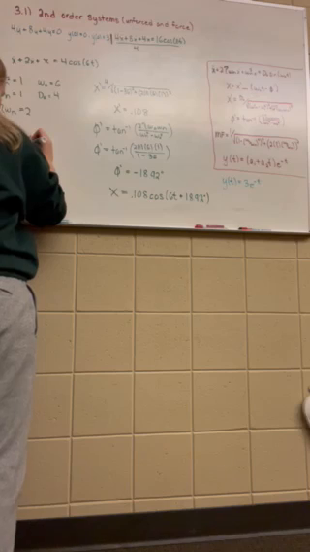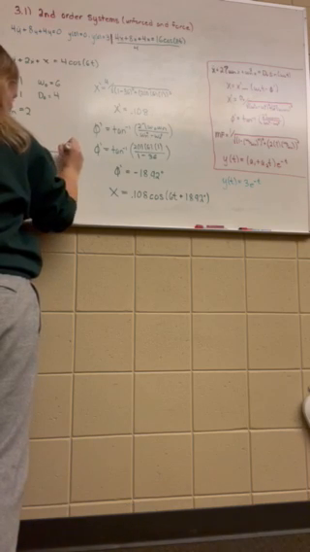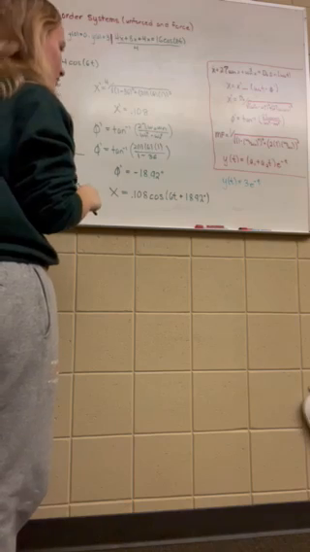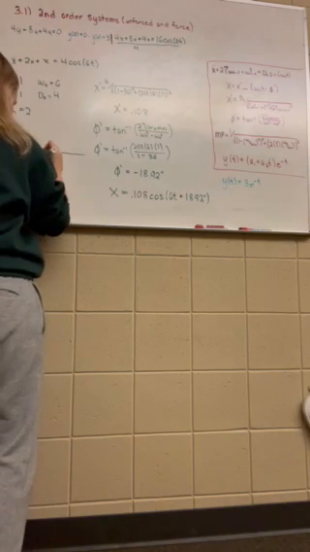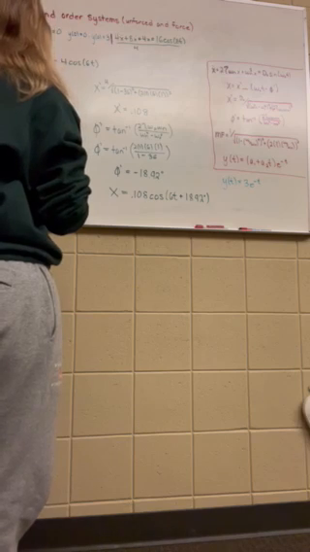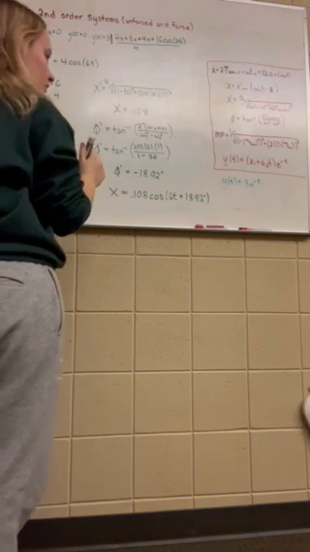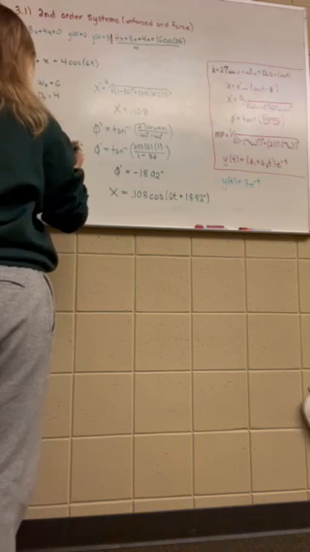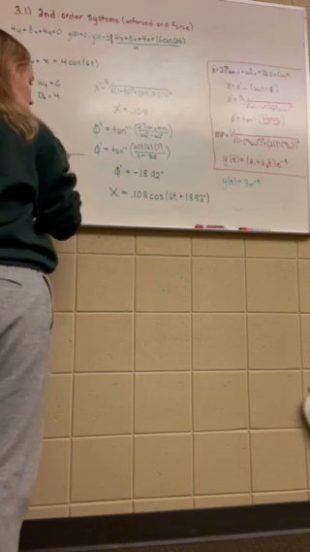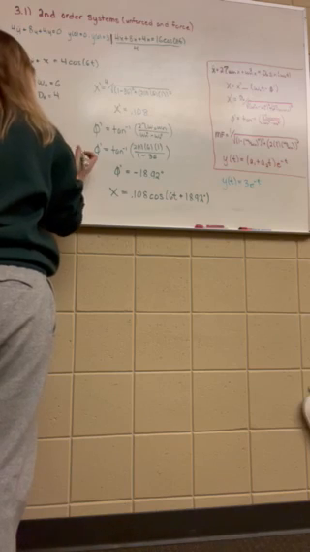Just simply 1 divided by the square root, see if I have enough room here, of 1 minus omega naught over omega n squared. So 6 over omega n, which is 1. Then we square that, and then we square the whole thing.